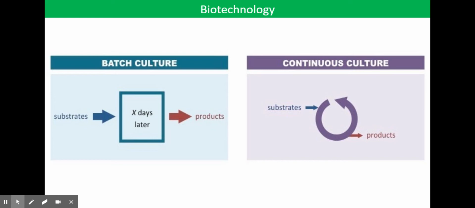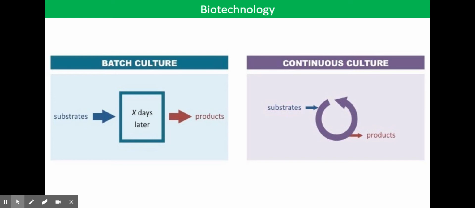Some products are synthesized by the microorganism during normal metabolism, when they are actively growing. These are called primary metabolites. Such products are continually released from the cells and can be extracted continuously from the fermenting broth.